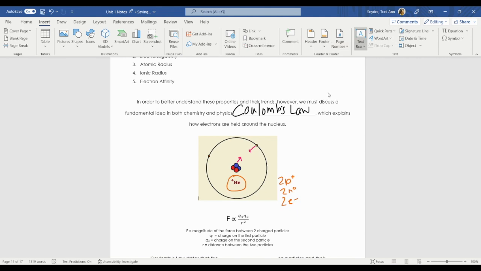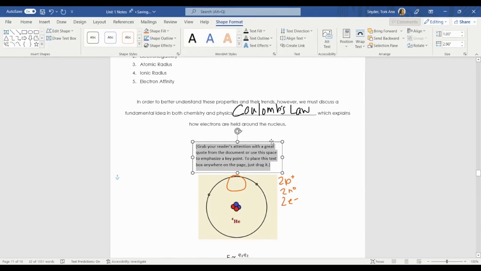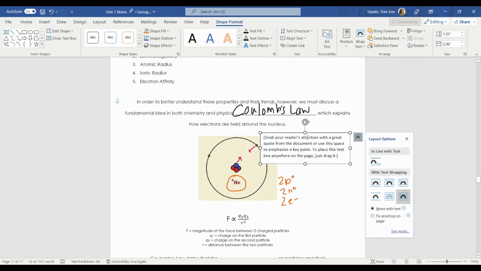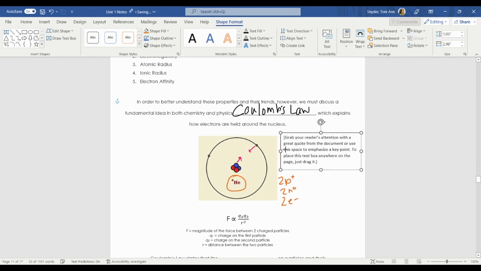So what I'm going to do here is get a text box, and I'm going to try to color code this as best as I can. Let's make this in front of that. I'm going to do this in pink right here. It's hard to tell that the arrows are pink, but I tried. Protons in the nucleus and electrons in the valence shell attract, and that's because they are positive and negative charges.